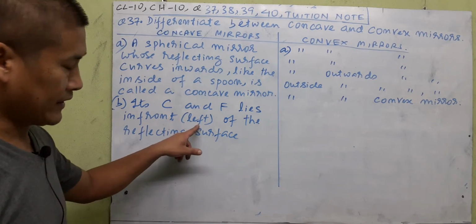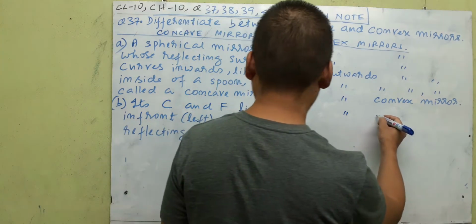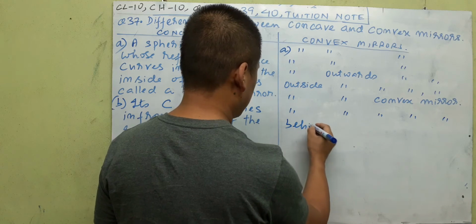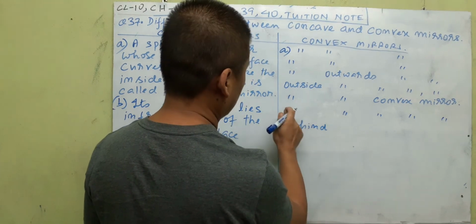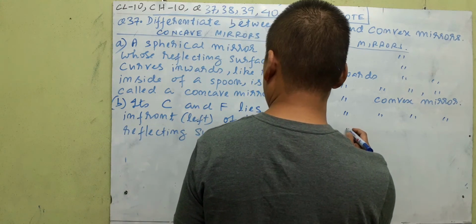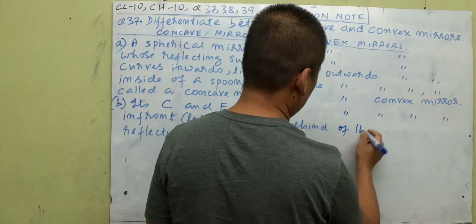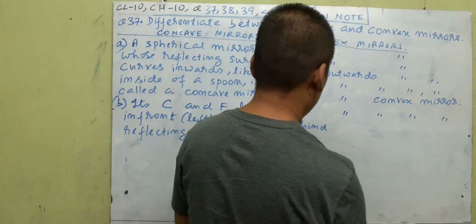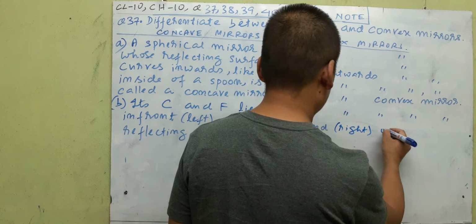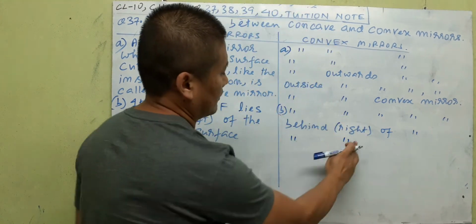You need not write left if you don't want, but in front you can write. Here, for convex, C and F lie behind, or right, of the reflecting surface. That's the difference. This is point number B.